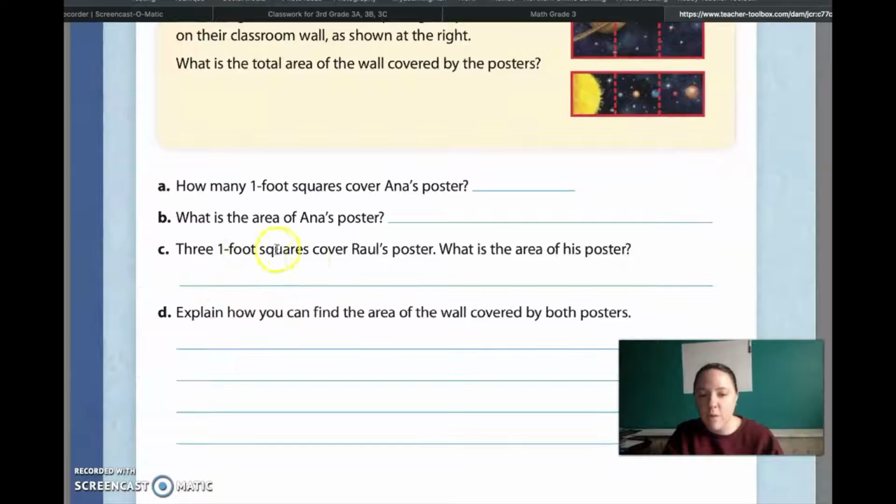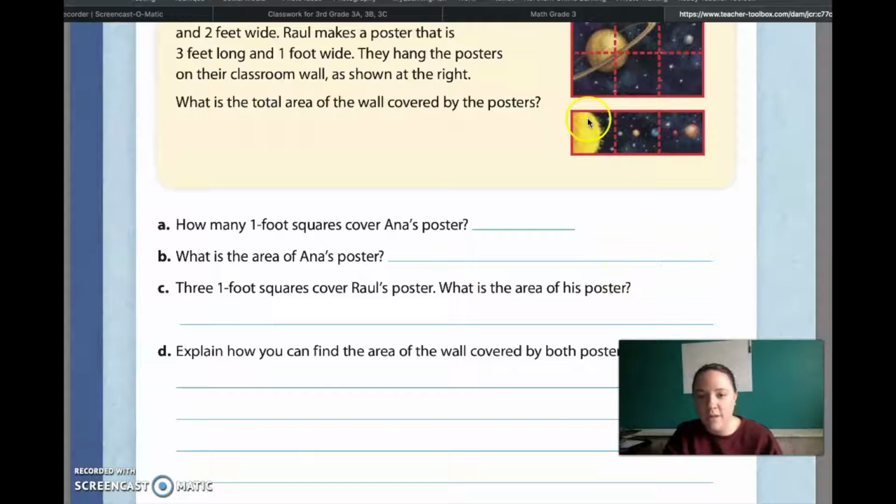C, 3 1-foot squares cover Raul's. What is the area of his poster? Well, let's look. 1 square foot, 2 square foot, 3 square foot. So it's 3 square feet altogether. So now we know that Anna's poster is 6. So I'm going to write that down. We know that Anna's poster is 6.